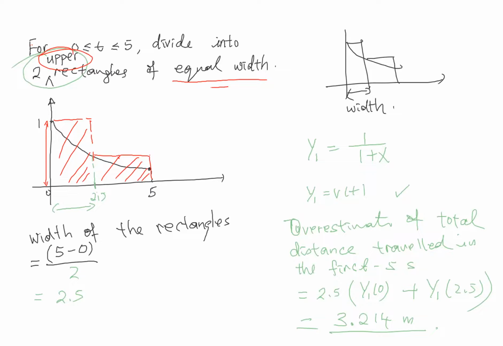Okay, now I want you to use the same method, make an overestimation by using 5 rectangles of equal width. Can you all please start? Same question.